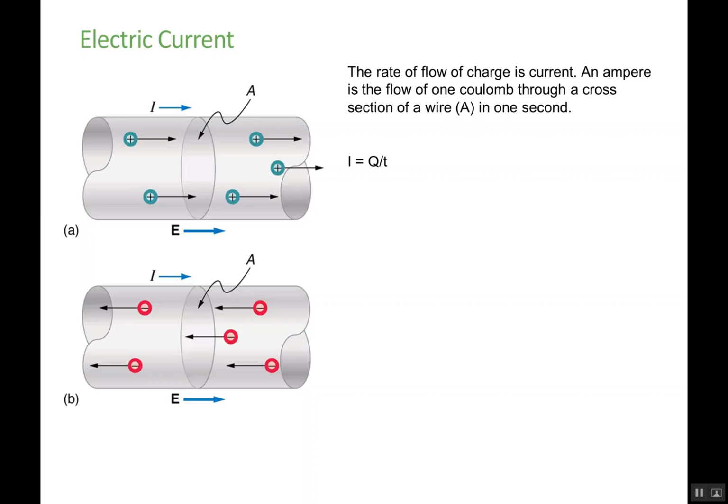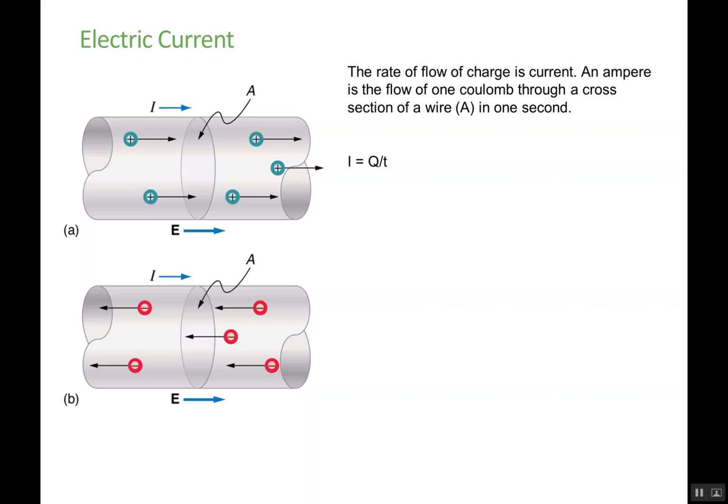In the solid state, electric current is carried by electrons because the protons are much too tightly bound in the nuclei of their atoms to move around in a wire, but the electrons in a conductor are relatively free to move. So if you apply a voltage or an electric field to a conductor, this will motivate the electrons to start moving.